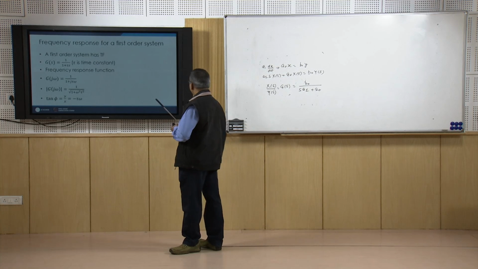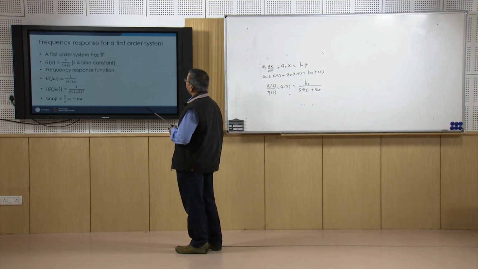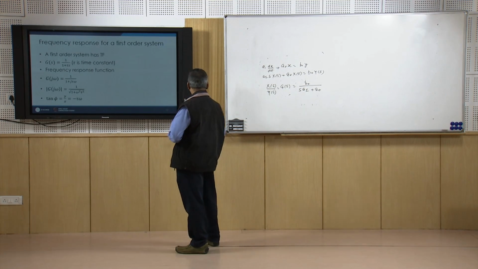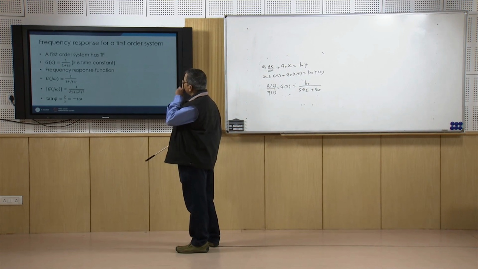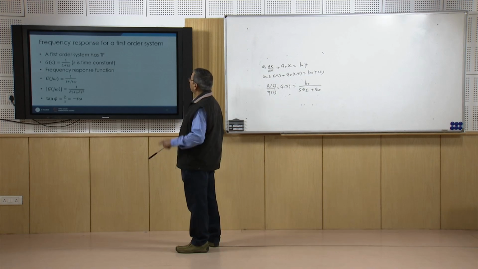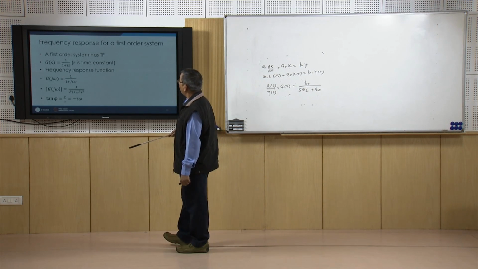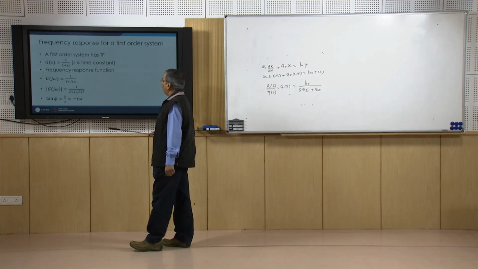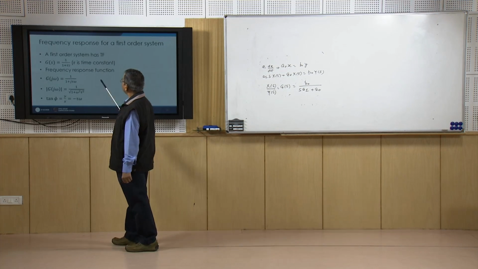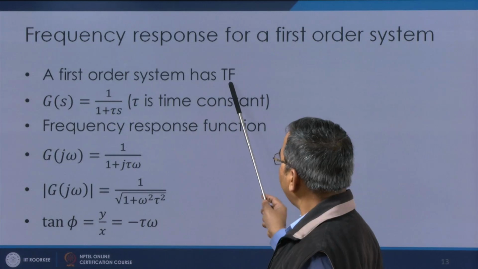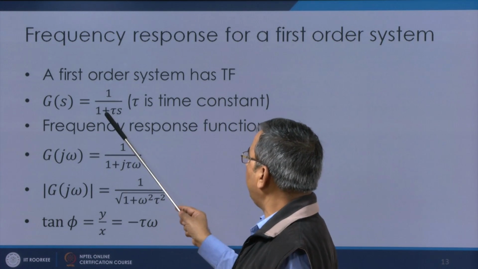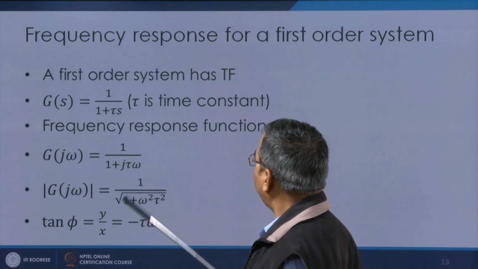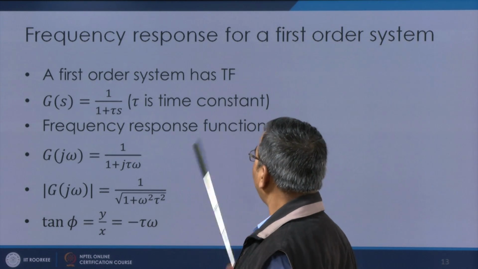Okay. Now let us see the frequency response for a first order system. Suppose I am interested in finding out the frequency response of a first order system. Take an example: a first order system has a transfer function, say G of s is equal to 1 by 1 plus tau s, where tau is the time constant.